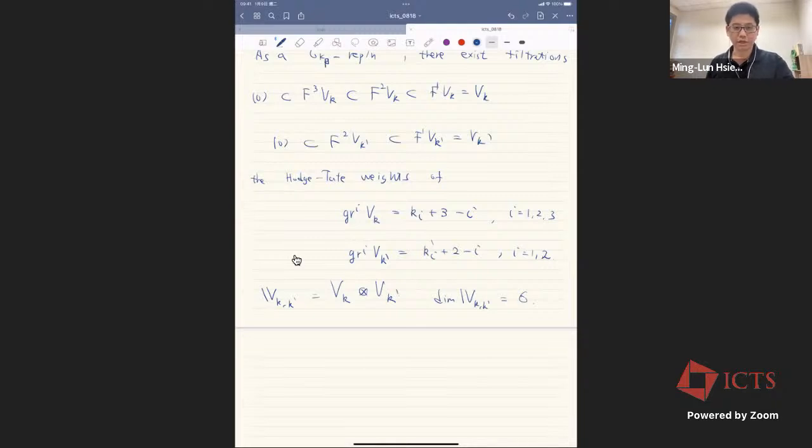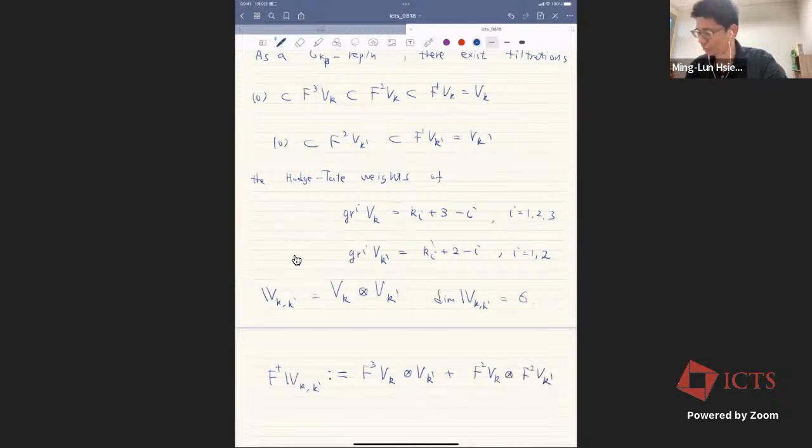It's defined by F plus, equal to F3 VK tensor VK prime plus F2 VK tensor F2 VK prime.